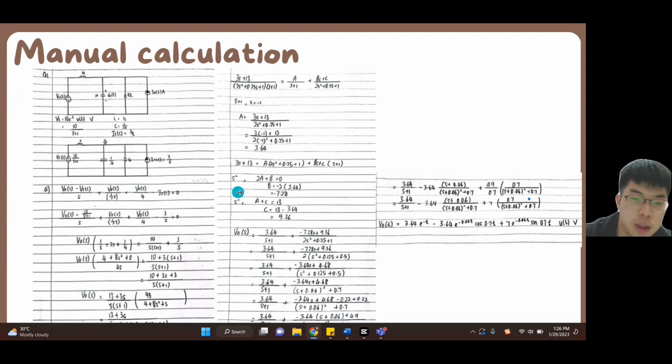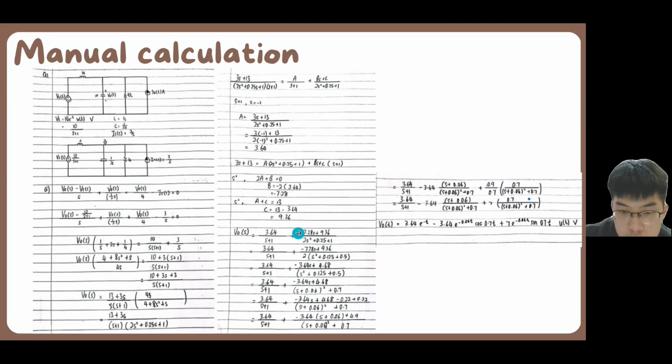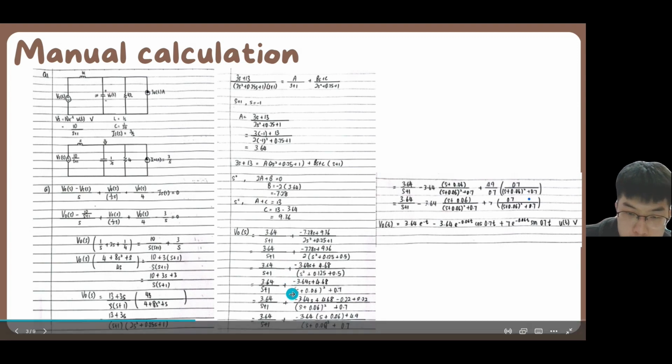For S0, we get the constant value, so we just have A plus C only. Then equal to 13, then minus the A value. So here we get the answer and simplify, take out the 2. Then we divide this answer and finally get the value.